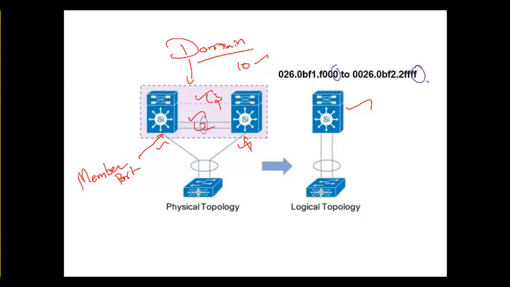See, every switch has its own MAC address. But when you take two switches and virtualize them as one virtual switch, that virtual switch you are creating now needs an identification, right? That needs a MAC address. Every device needs a MAC address.